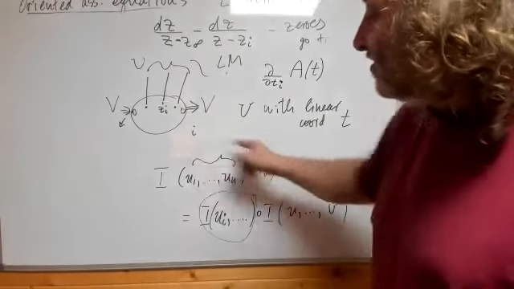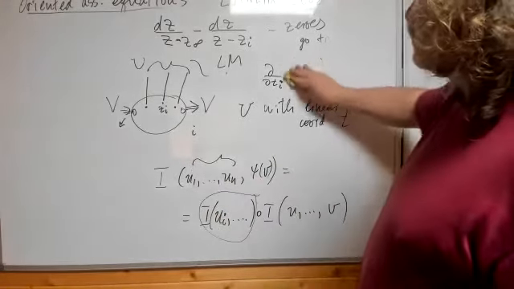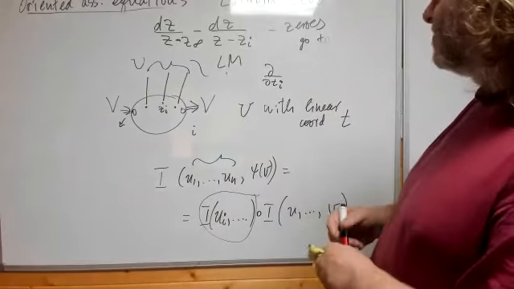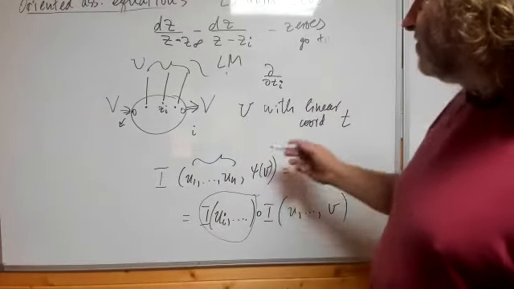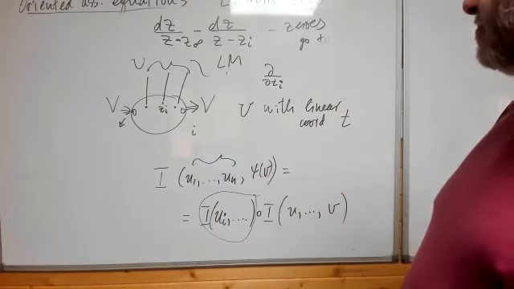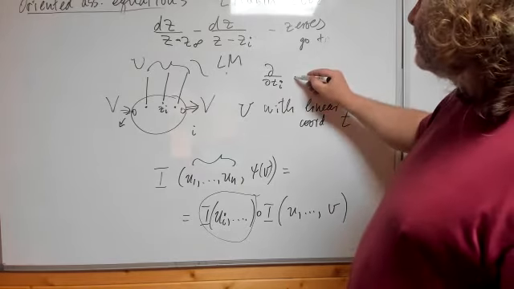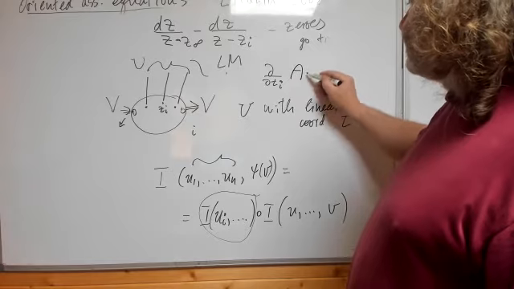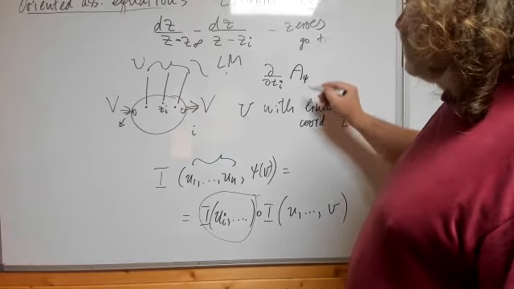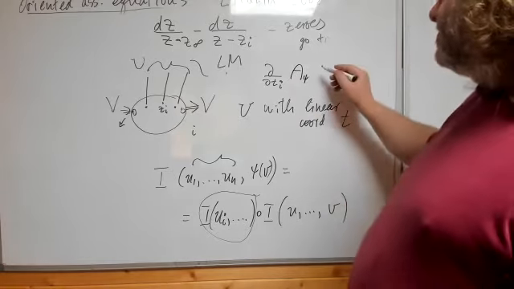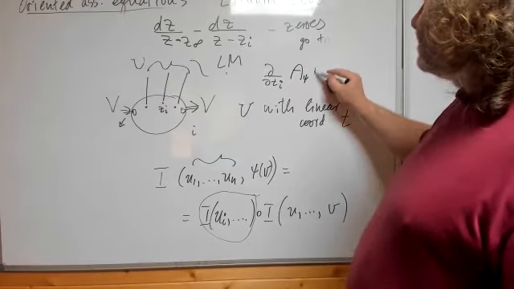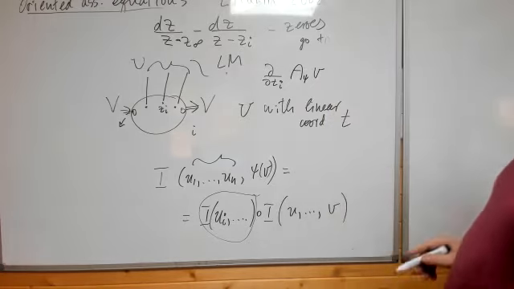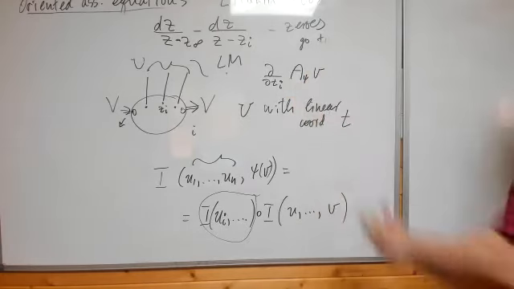So this is a new object. I will call it A psi V. So it means that there is psi here.